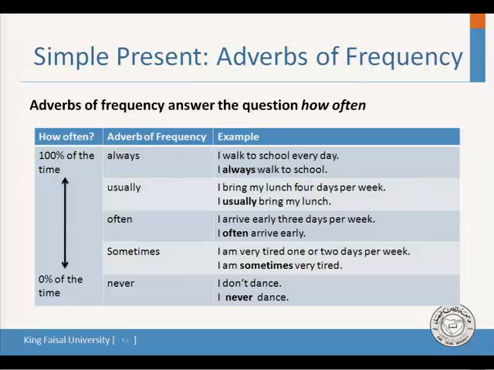How many days in a week? 7 days. I always wake up at 7 o'clock. I walk to school every day. I always walk to school. Every day, always.